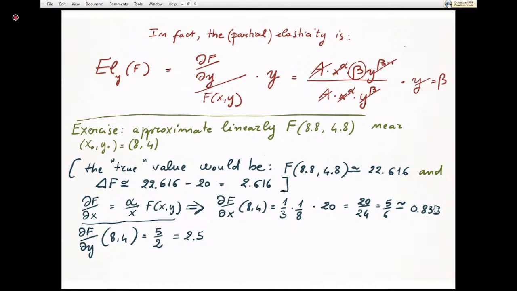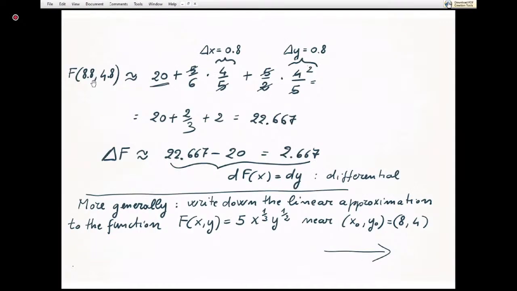So I have the two partial derivatives. I have the two supposed changes of the variables. For the first variable, it's 0.8. For the second, it's 0.8 as well. I can compute the differential. Then I will add the initial level, 20, and I will have the linear estimate of the new output level. So the new output level is approximated linearly by the initial output level plus the partial derivative with respect to x times 0.8.